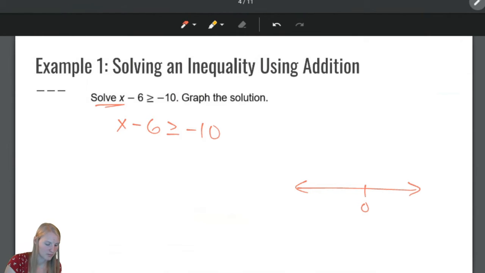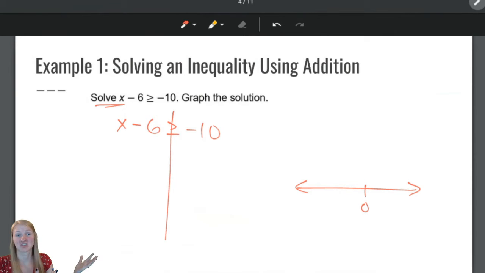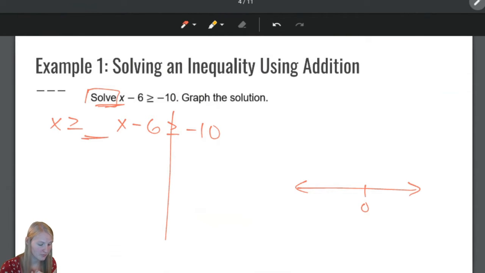Here's what you're going to do. You're going to think of that greater than or equal to sign just like an equal sign. And now the problem is exactly like chapter 1. I'm going to get x by itself because remember, solve means I want x by itself. So I'm going to have x greater than or equal to something.